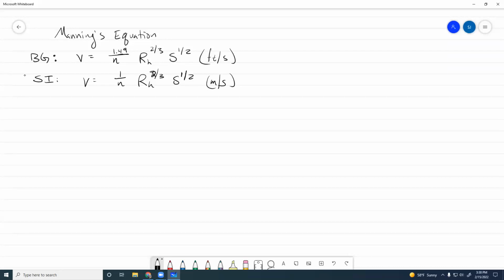And then in terms of head loss, if we do it in this form, just for British gravitational, I'll give you, and this again is table 3.4, we get 4.64 n squared L over D to the 5.33 times Q squared.